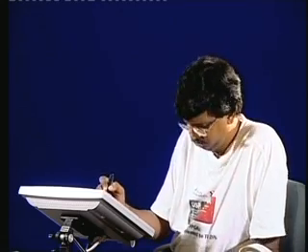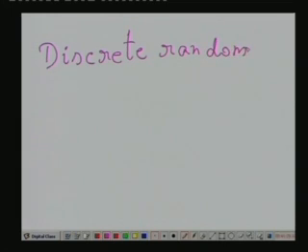So, this is a property of continuous random variables, but there is another random variable called discrete random variable. Okay. Here the probability distribution function is a staircase type of function.